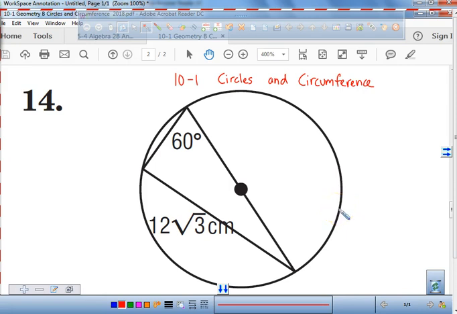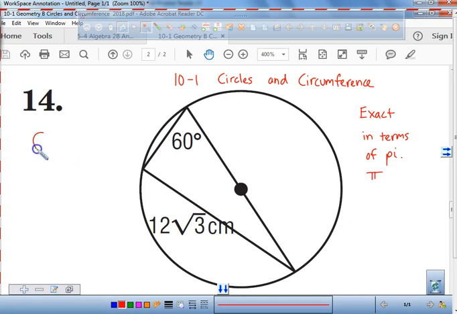Sometimes you're asked to find the exact. Whenever you're asked to find the exact circumference, just know that your answer needs to be in terms of pi. And in terms of pi means your answer will just have a pi symbol right next to it.